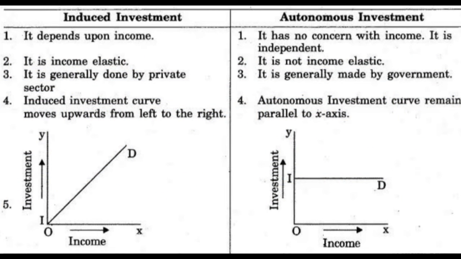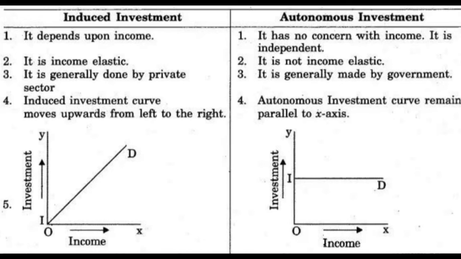Now this is the difference between induced investment and autonomous investment. Once again, you can write the difference between both of them. You can see the graphs also. The autonomous investment graph remains constant, and the induced investment graph rises. As the investment increases, the income also increases; they are directly proportional to each other.